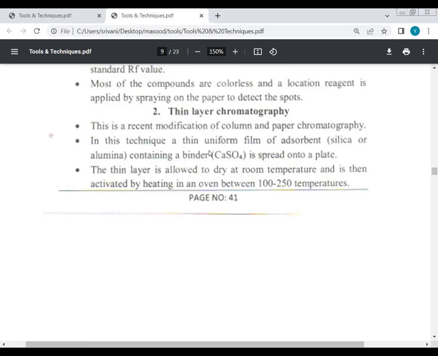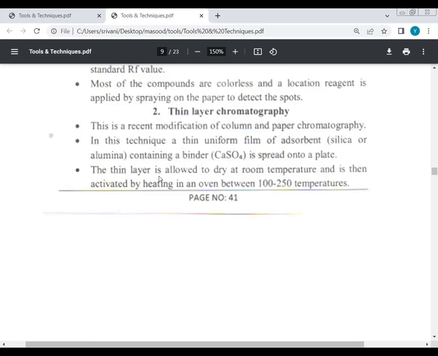In this technique, a thin uniform film of adsorbent, silica or alumina, containing a binder, calcium sulfate, is spread onto a plate.